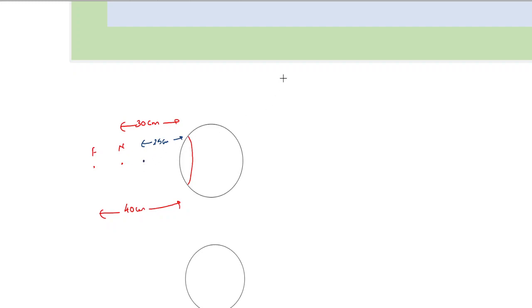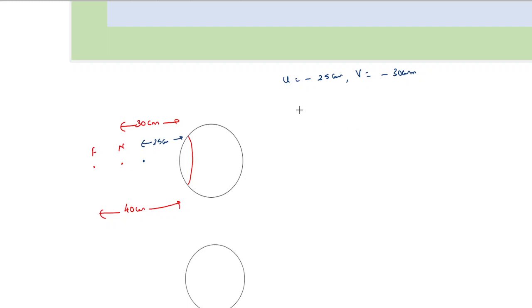So here U is equal to minus 25 cm, and this object would form an image at the point N, not point F, because point N is the near point. Therefore here V is equal to minus 30 centimeter, not this value.